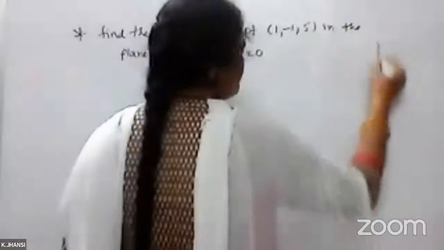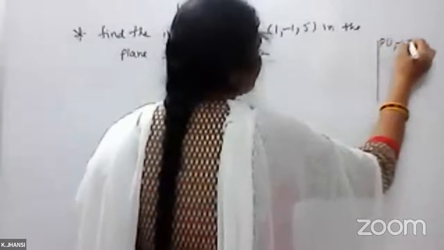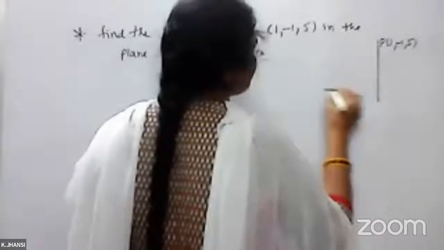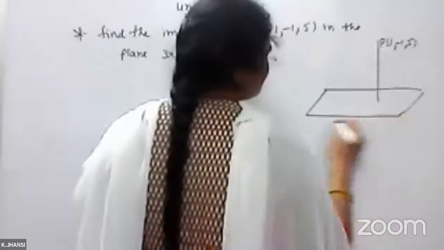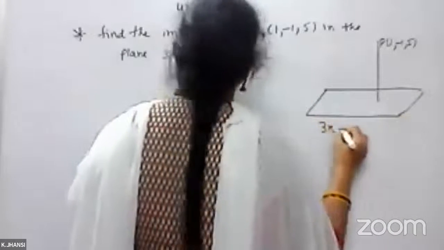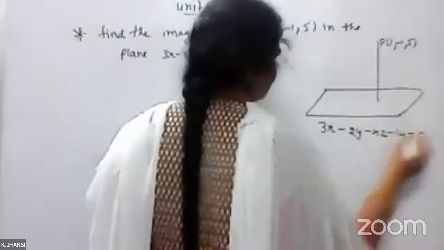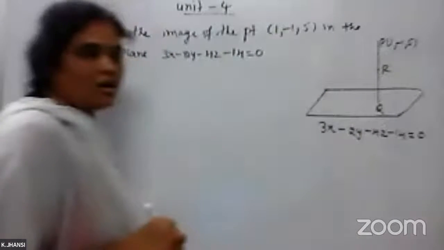So you will have a diagram like this, with point P (1, -1, 5). This is any plane you have. Here the plane is 3x - 2y - 4z - 14 = 0, with any point Q and any point R here. Okay.